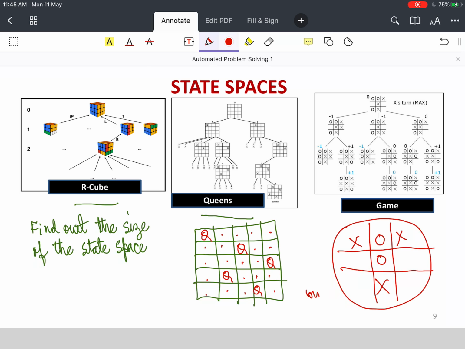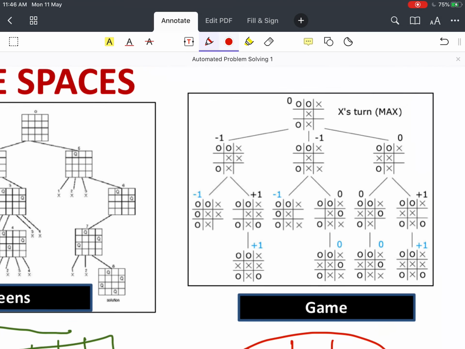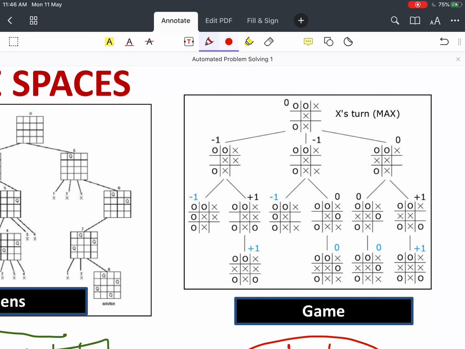We know what is a win for a player who puts X, what is a loss for a player who puts X, and we know a win for one is a loss for the other, and we also know what is a draw position. This is a famous game that we all play, and this, as you can see, creates a state space which is of this nature. So from this configuration you can go here or here or here, and then from this configuration you can go here or here, and so on and so on.